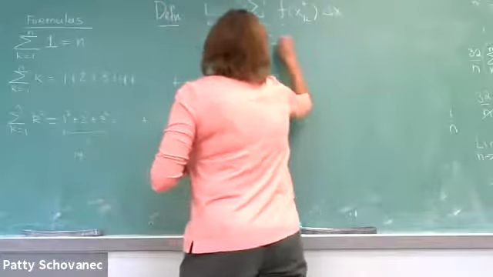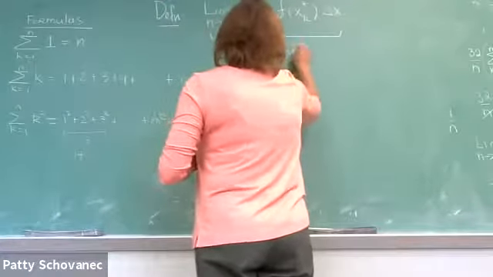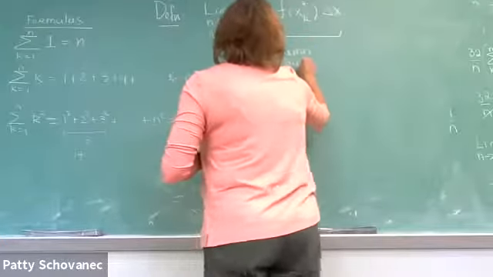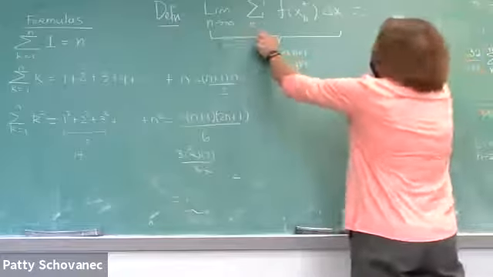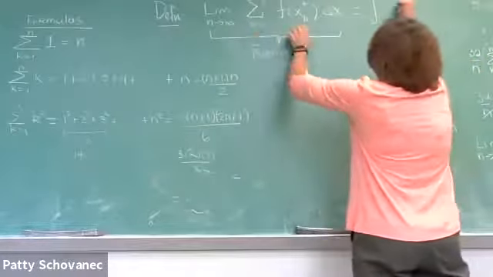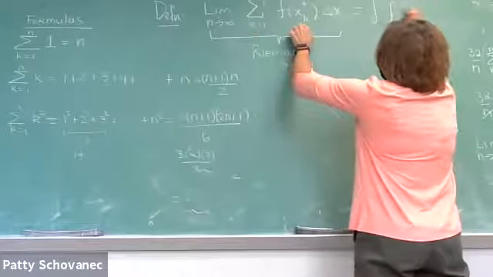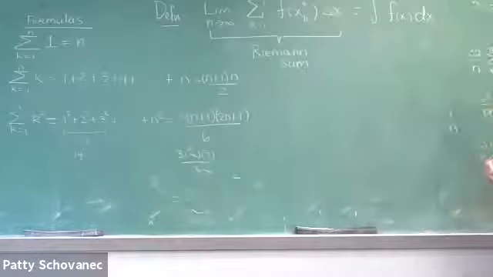This is called a Riemann sum. The limit of the finite sum becomes an integral. This just becomes the general formula for f. This becomes the general differential in x.